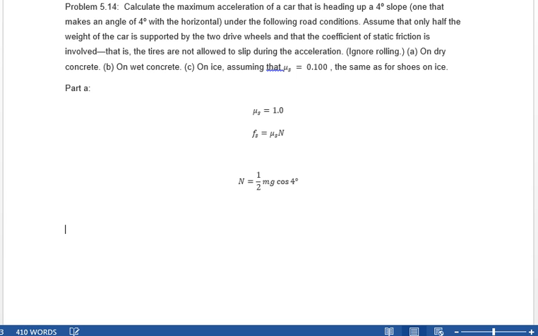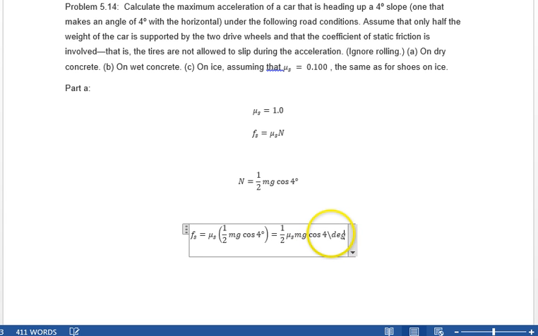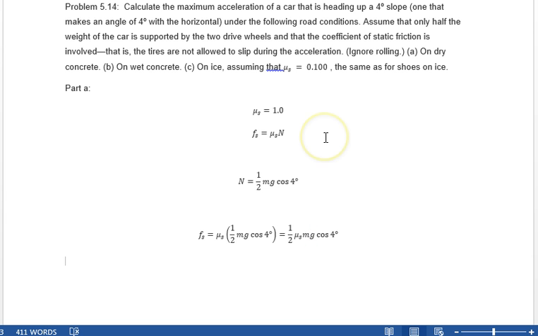All right, so I'm going to write all of that down. The maximum frictional force is mu s times 1/2 mg cosine 4 degrees. Or, if you want to clean it up just a little bit, equals 1/2 of mu s mg cosine 4 degrees. Now, you're probably thinking, well, what about the mass?